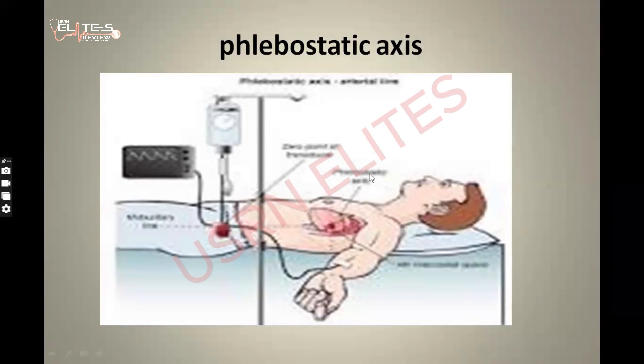Please, whatever you do, don't forget the point we mentioned: fourth intercostal space, mid axillary line, or midpoint anteroposterior line. That is the level of your transducer. Don't forget that one for your NCLEX. All that we are saying is just to help you understand the setup.